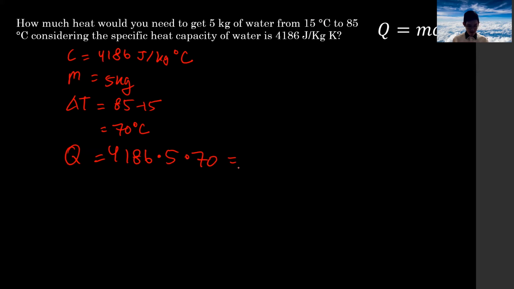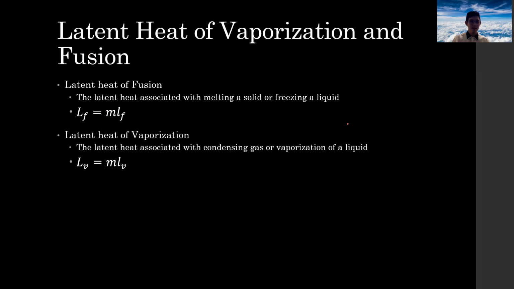Putting it into the calculator, 4186 times 5 times 70 equals 1465100 joule, or you can change it into 1465.1 kilojoule, right? Next we have latent heat of vaporization and fusion.